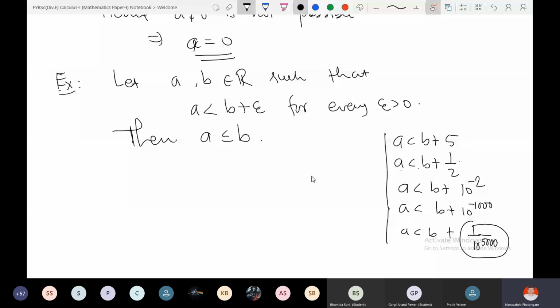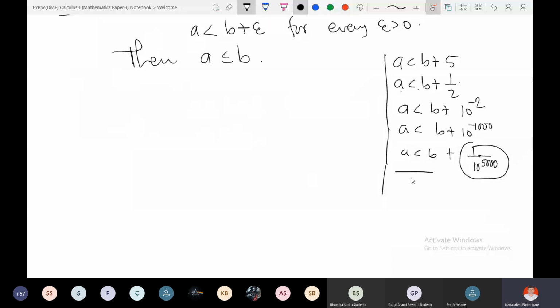Do you understand? Why is equality also there? For example, take 5. So 5 plus epsilon. If epsilon is positive, then 5 is always less than 5 plus epsilon. Whatever positive epsilon is, 5 is less than 5 plus 10 raised to minus 10, right?